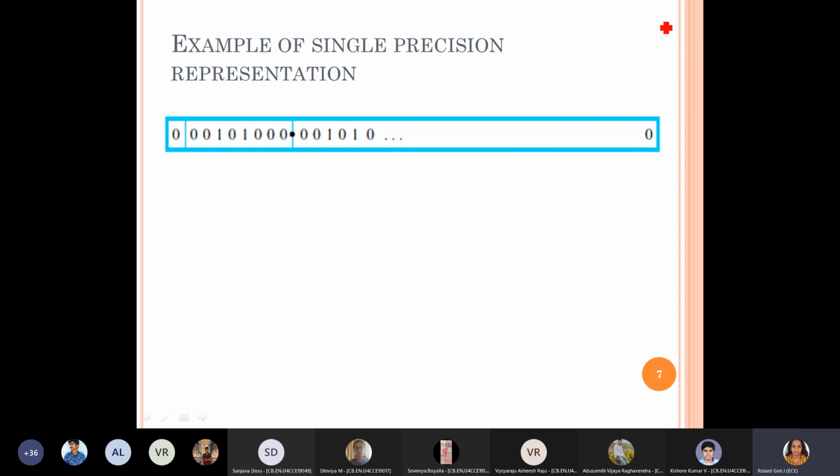Can you give me the answer? What about the sign of the number? The sign of the number will be, so it's 0, right, ma'am? So it'll be negative. Will it be positive or negative? If it's 0, it's positive, ma'am. Okay. So after the positive sign, what do we write next?